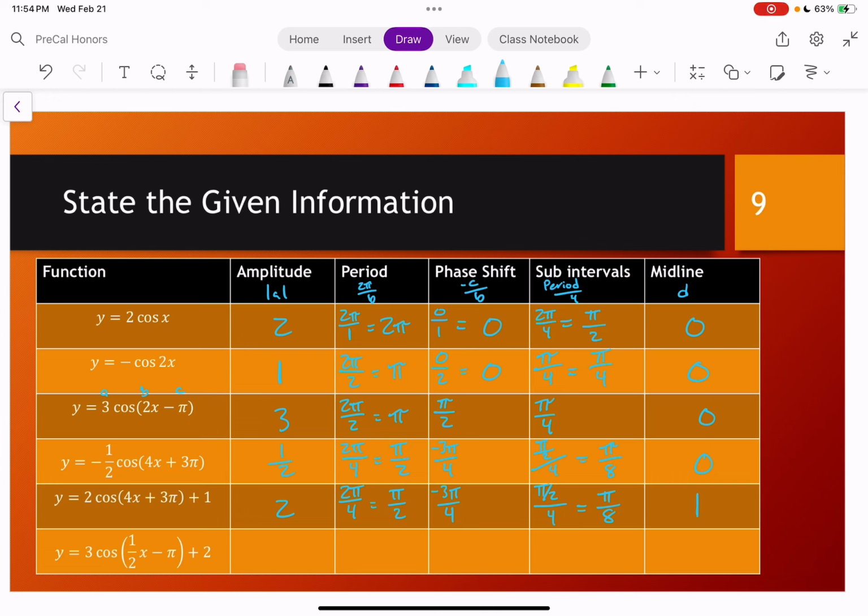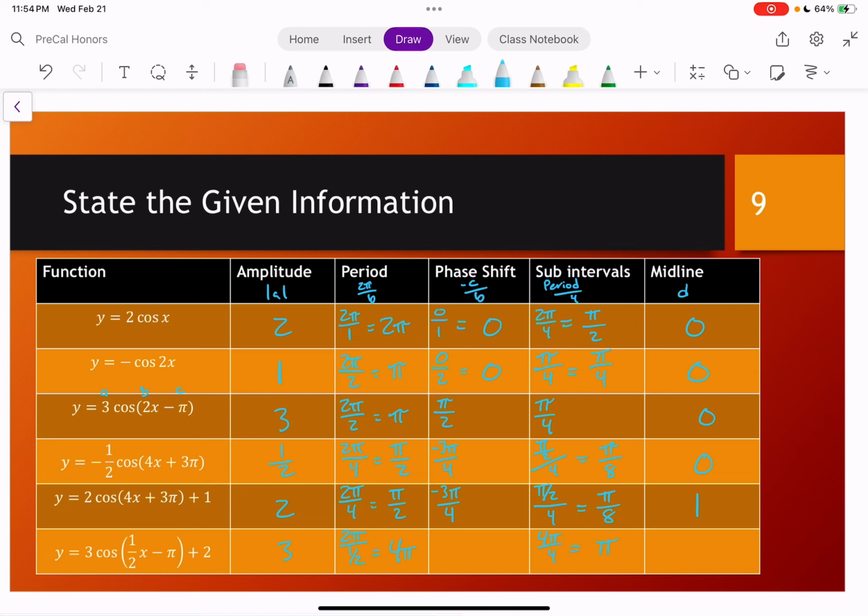Our last question, we take a look at the absolute value of a, which in this case would be 3. We're looking at 2 pi over b, which is 1/2. This simplifies to 4 pi. 4 pi divided by 4 will give us pi for our subinterval.